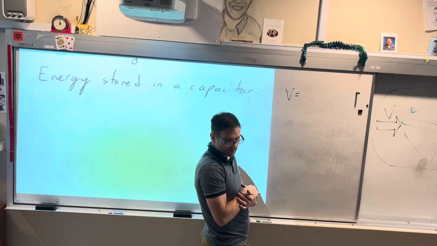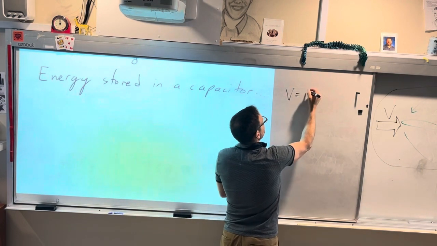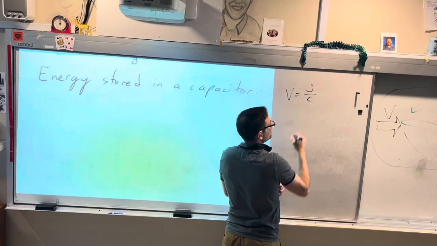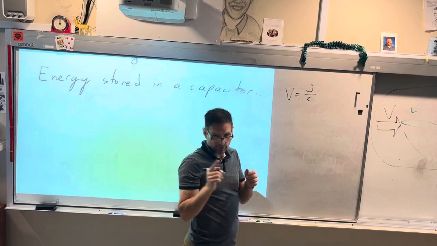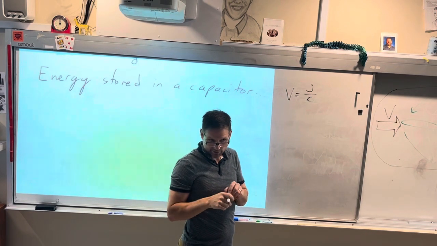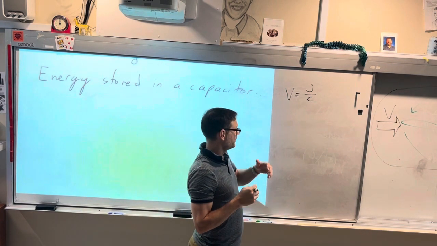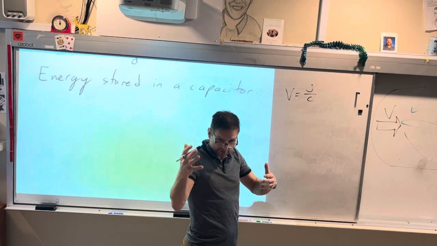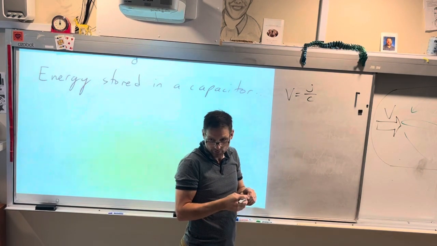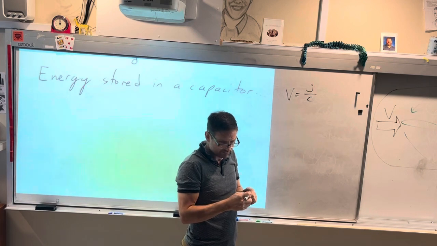Energy per charge. Very good. So 1 joule per coulomb. So if you have a circuit with 1 volt pushing on your capacitor, the number of coulombs of charge in the capacitor would give you the number of joules stored. Does that make sense? Okay.